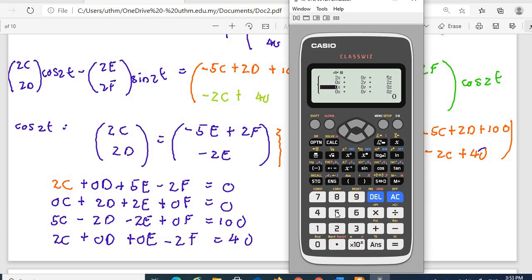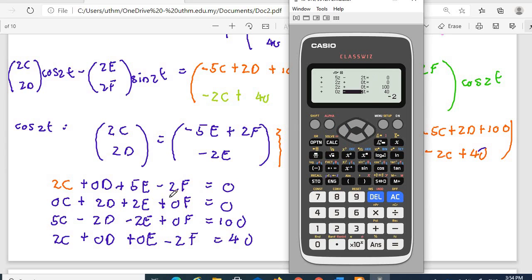Okay, third equation 5, negative 2, negative 2, 0, 100. The fourth equation 2, 0, 0, negative 2, 40. I'm going to check it. Okay, I'm going to check my right hand side 0, 0, 140.